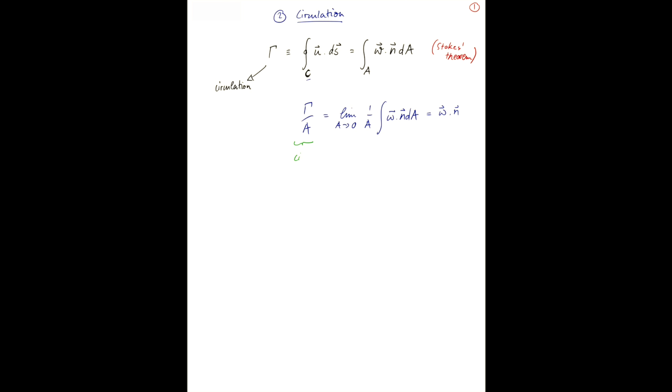This is the circulation per unit area. So vorticity is essentially the degree of rotation around an infinitely small loop, i.e. around a point. And alternatively, we can write this as n dot omega is the limit of A going to 0 of 1 over A, line integral u dot ds.